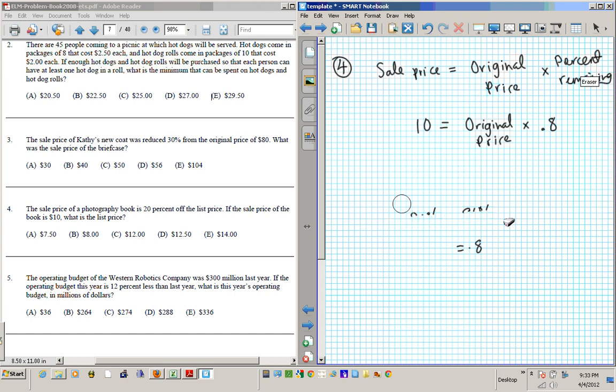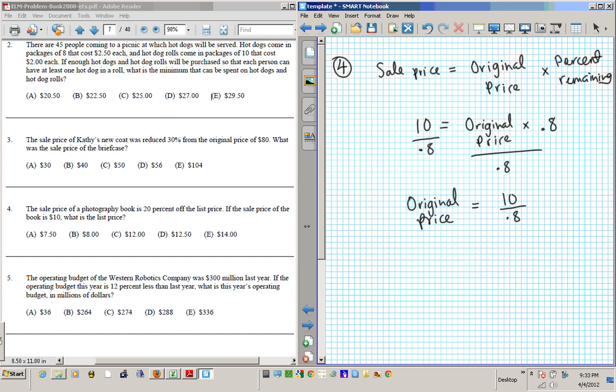How do I get the original price by itself? I need to do the inverse of multiply, which is divide. So I divide both sides by 0.8. That will give me the original price, which is 10 divided by 0.8.